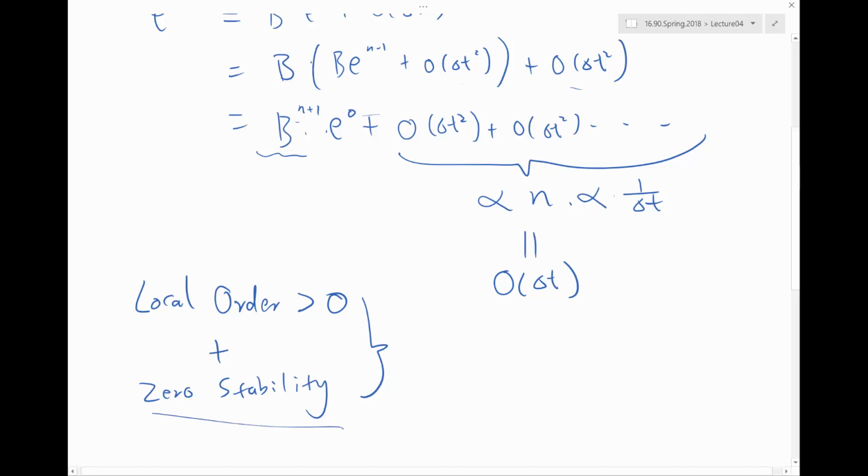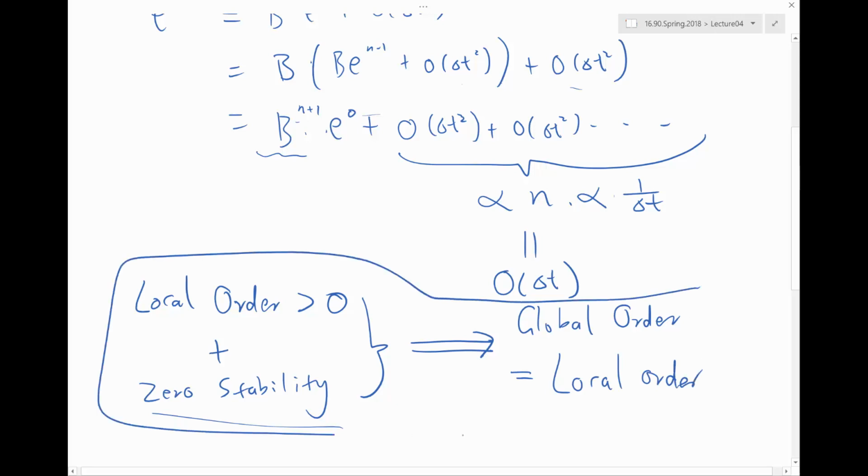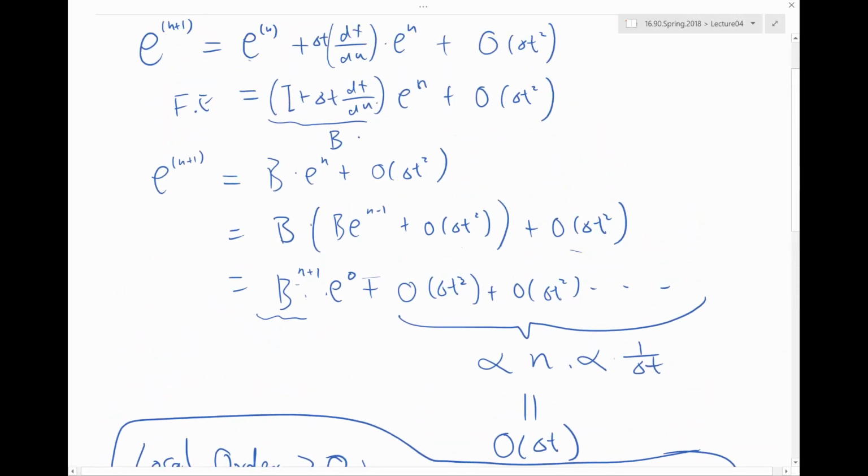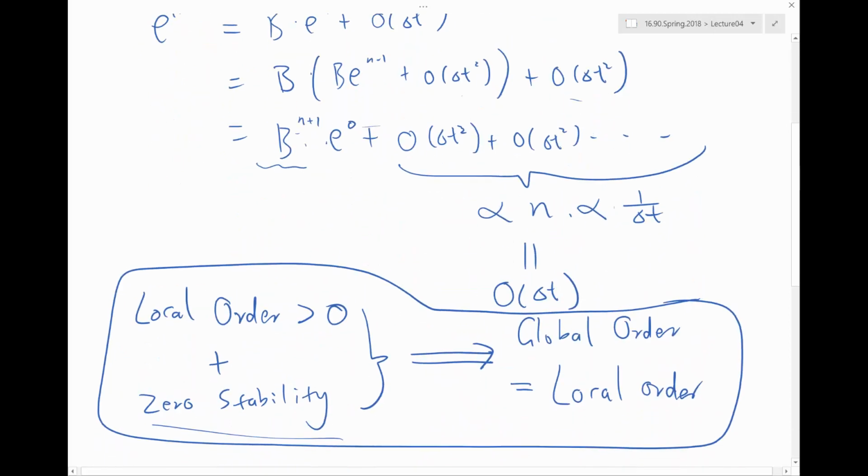So here this zero stability means that it's okay to have eigenvalues exactly on the circle, but no eigenvalue is outside the circle. So if these are true, that gives you the global order is going to be equal to whatever local order you have. So that's a result that can be mathematically proven, right? Basically, we almost proved it. You just have to be a little bit more careful on some of the linear algebra we did.